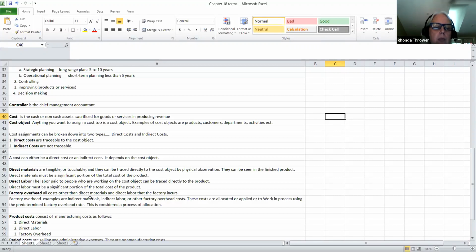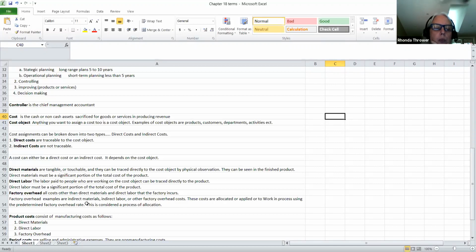We already have talked about the fact that direct materials and direct labor are direct costs, but factory overhead costs are indirect costs. So all costs other than direct materials and direct labor that the factory incurs are called factory overhead costs. Here are some examples of factory overhead cost.